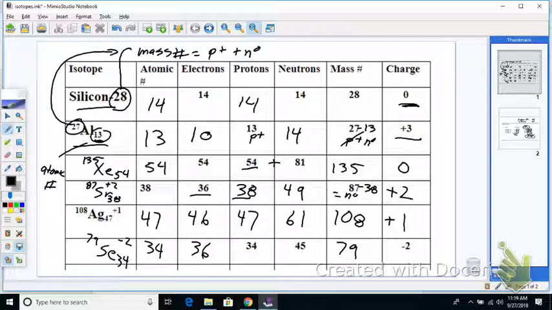Atomic mass is not the same as mass number. Okay? So you would put that for atomic mass. And then B, it says how many electrons will a neutral atom of cesium have? So you look at cesium, you see how many protons it has. It's going to be the same. Okay? So those are types of questions that are a little different.